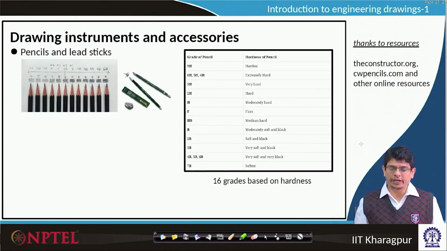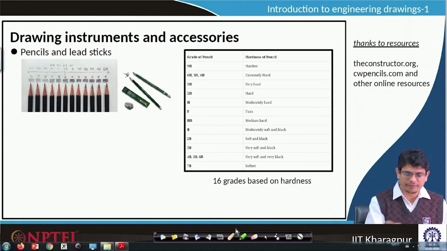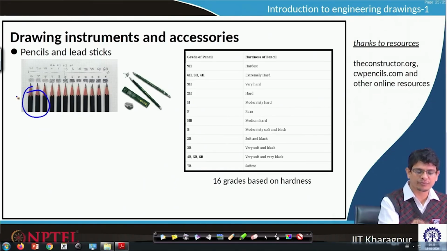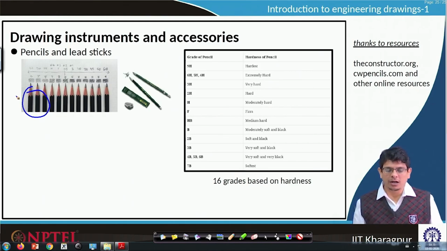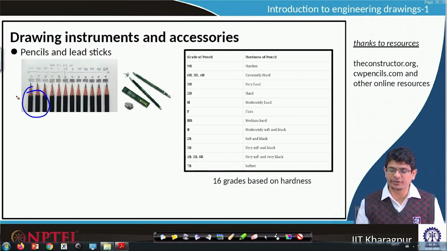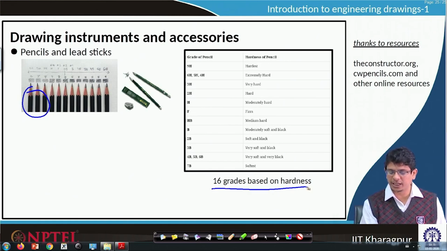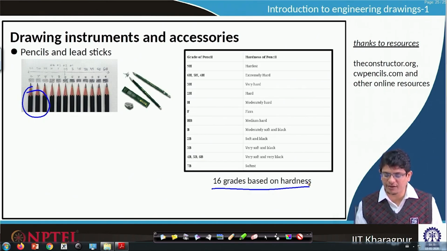Now, the key component for any drawing is the pencil. Compared to ordinary pencils, the engineering drawing sketch pencils consist of different grades, usually 16 grades based on the hardness of the graphite lead.